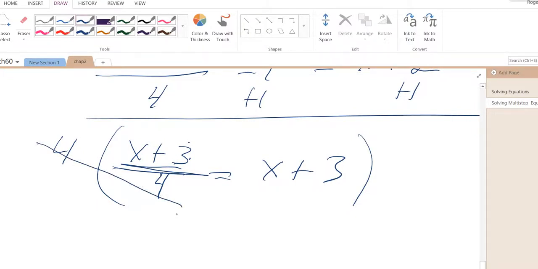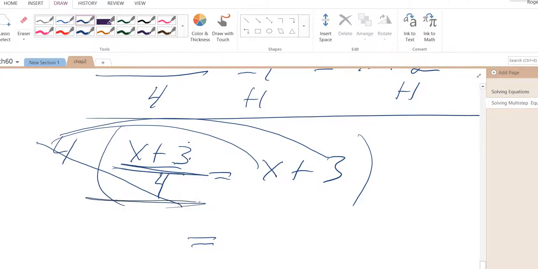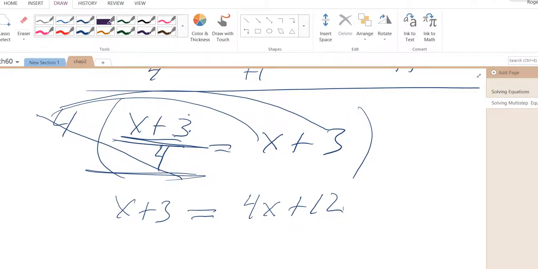Now make sure that you go all the way across when you multiply. So what is this side going to be left with if we multiply by 4? x plus 3 equals, what are we going to get on this side? 4x plus 12, right?